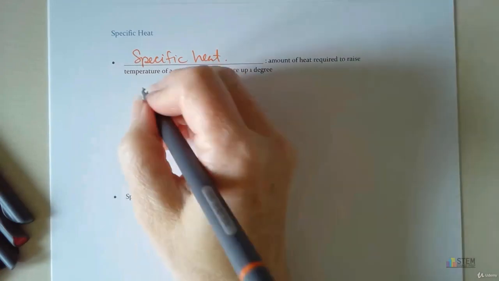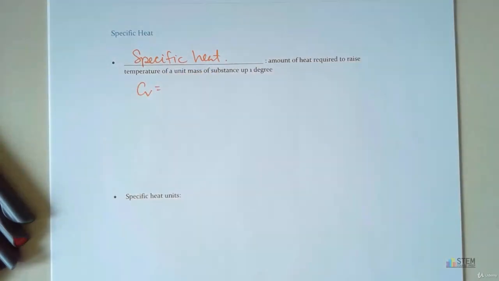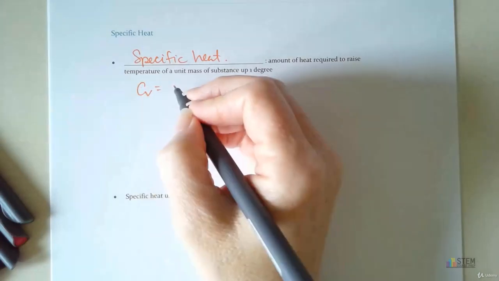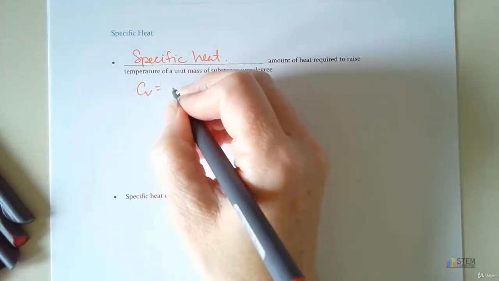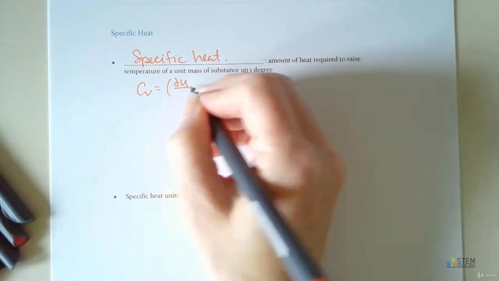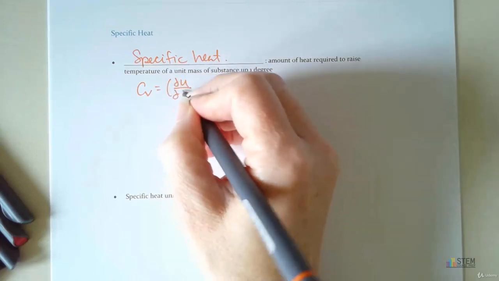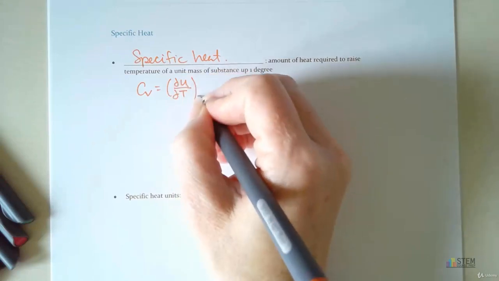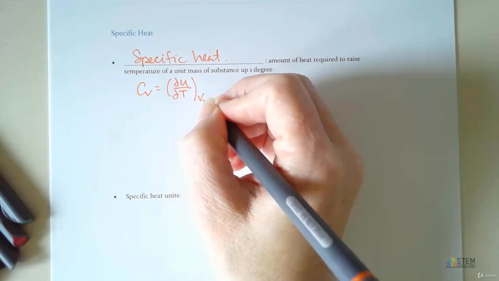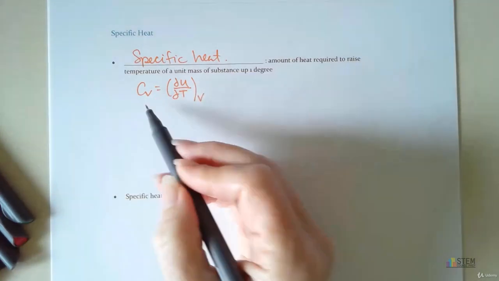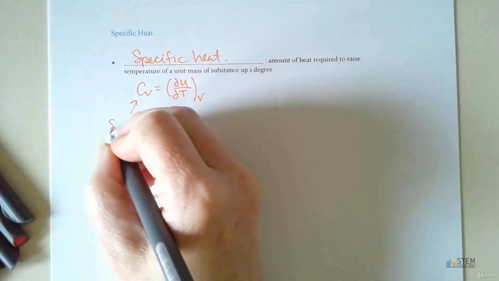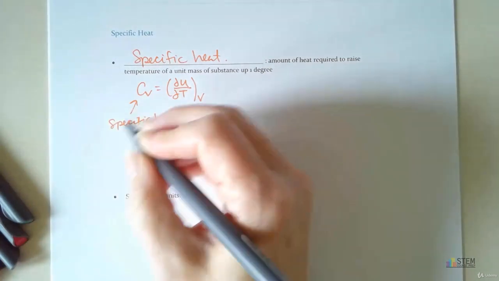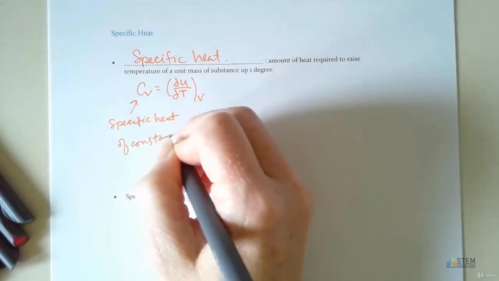Now we're going to have two different versions of this. First one is going to be C sub V, and I'll tell you what this V means in just a second. That's going to equal the partial derivative of internal energy with respect to temperature, and then we're going to put a V here. This is the specific heat at constant volume.